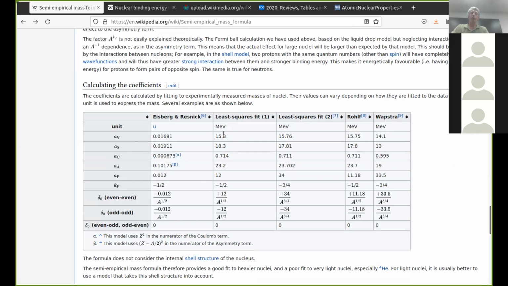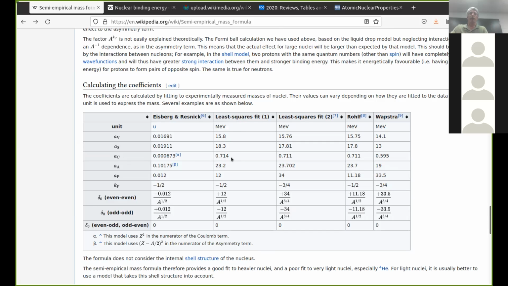The scale of nuclear reactions is 1,000,000 times stronger, mega electron volts. So the strong force is in fact strong, and by comparison, the Coulomb force is in fact weak, right? This coefficient for the Coulomb force, that's only 0.7.